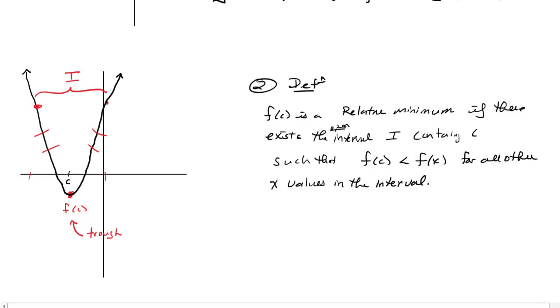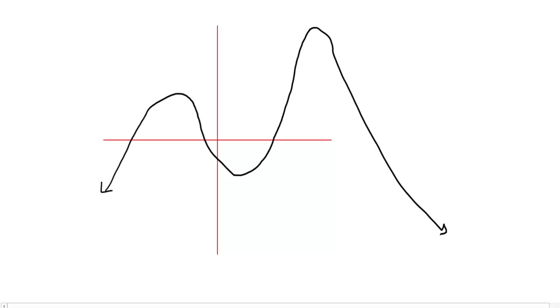Let's go ahead and just draw a graph on our paper, and I'm going to have a couple extreme values in there. So I'm going to use a red axis. Let's go ahead and say we have a function that looks like this.